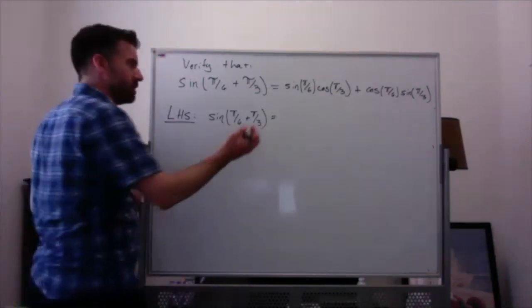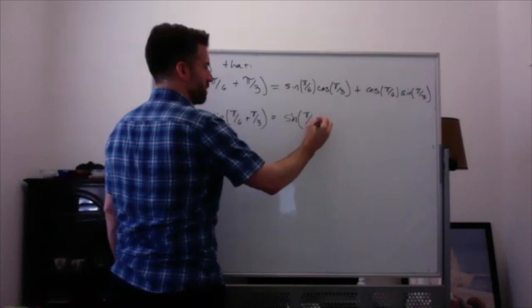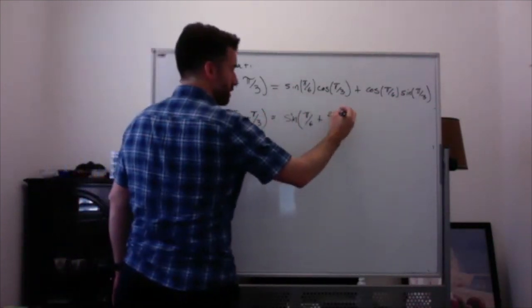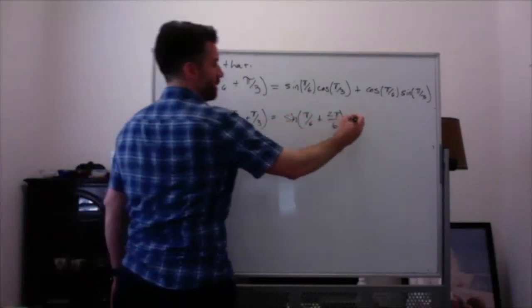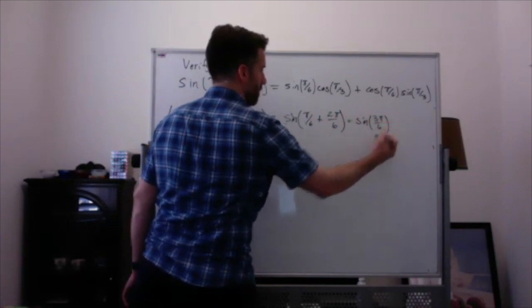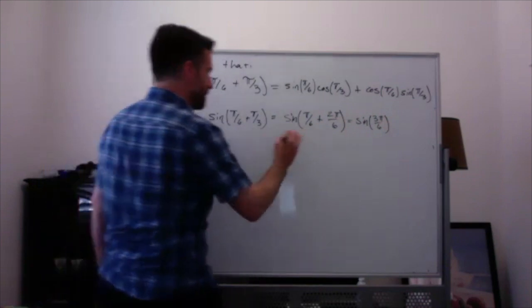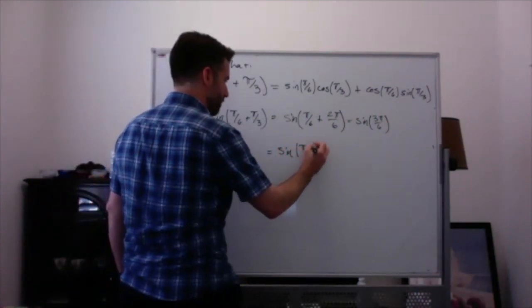Or you could use fractions: that's pi over 6, and I'm going to multiply this by 2 over 2 to get 2 pi over 6, and then pi over 6 plus 2 pi over 6 is going to give me sine of 3 pi over 6, but 3 pi over 6 reduces to pi over 2. So this is indeed sine of pi over 2.